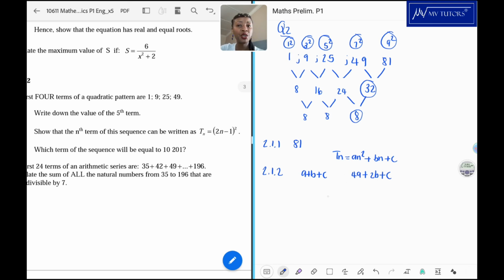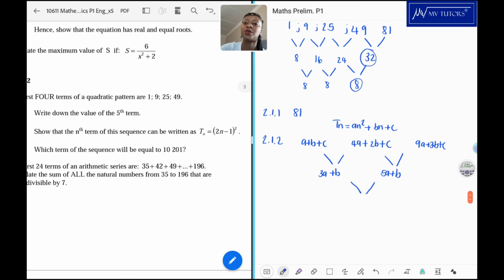When I substitute 2, I get 4a plus 2b plus c. When I substitute 3, I get 9a plus 3b plus c. If we get the difference between these terms, we get 3a plus b, then 5a plus b. And if I take the difference between these two, I get 2a.